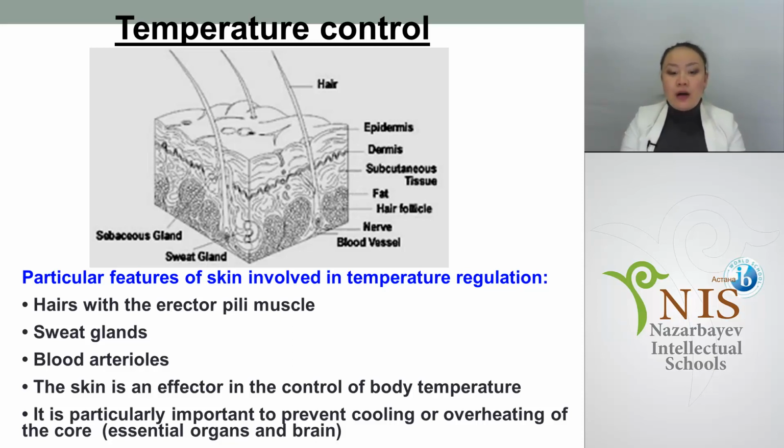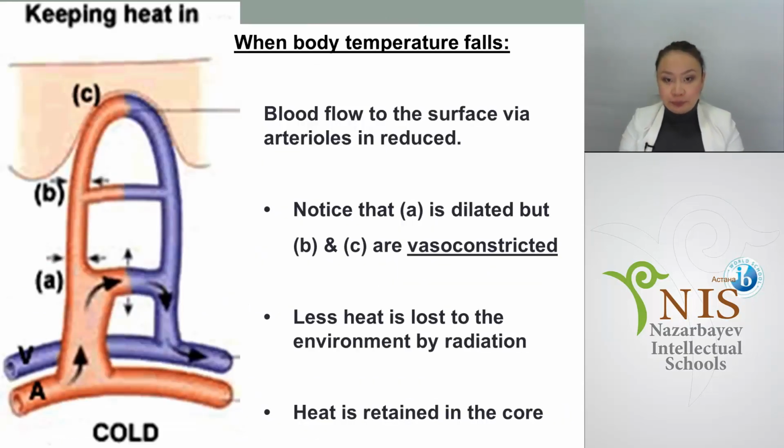That is why our homeostasis will control temperature and keep it at a constant level. For example, when body temperature falls, blood flow to the surface arterioles is reduced. Think about very cold temperatures in the winter.